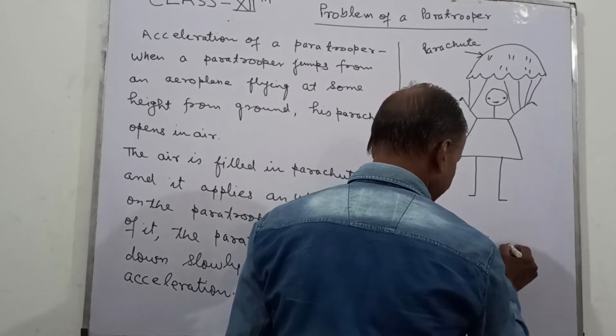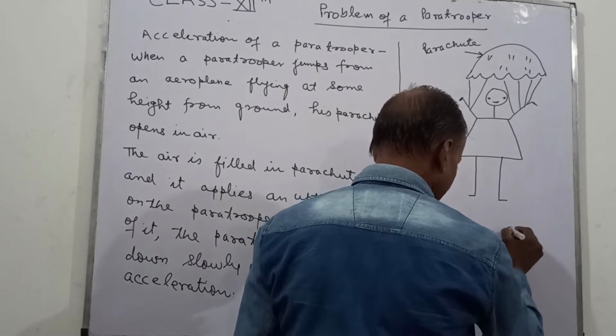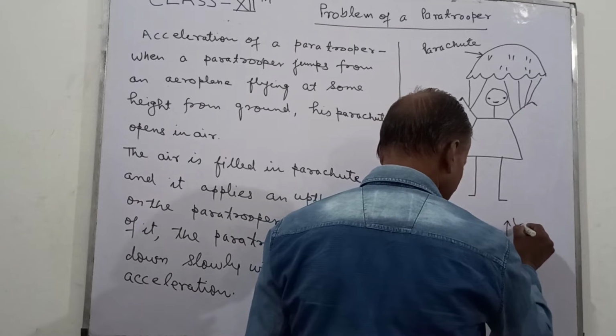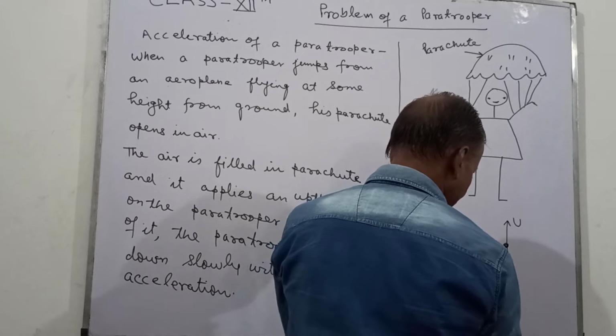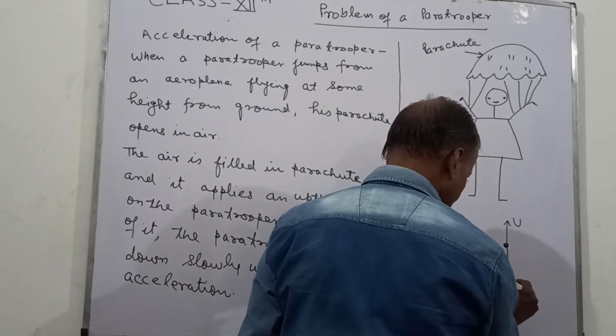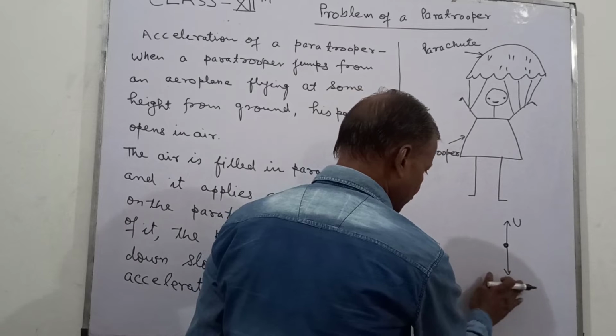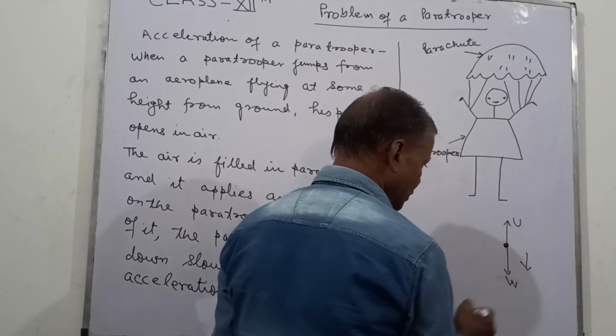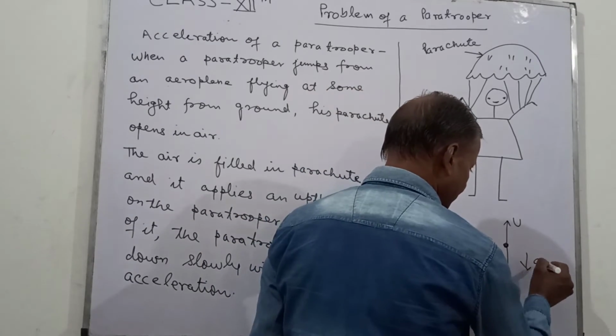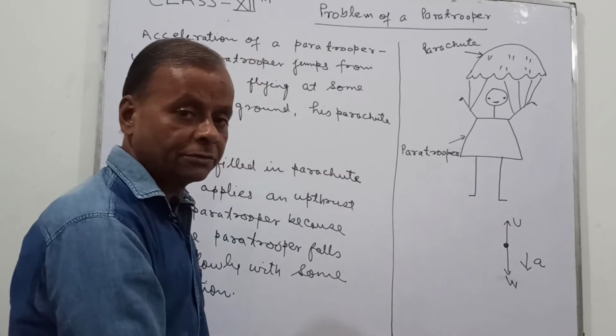So suppose we are writing like this. This is the thrust U, and this is the weight mg, W, and it is falling down like this. Then its acceleration will be vertically downward.